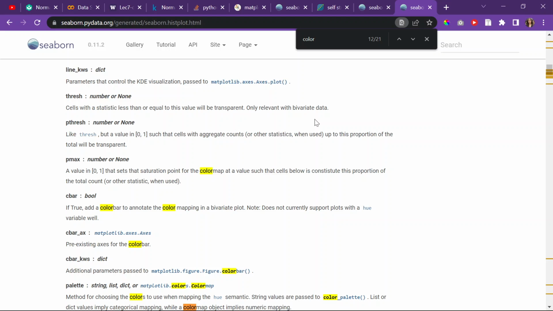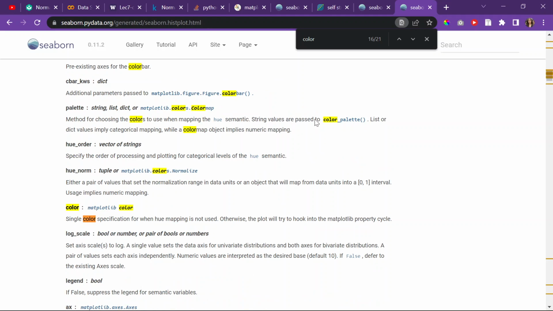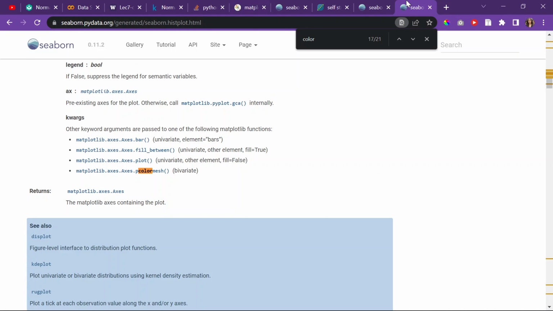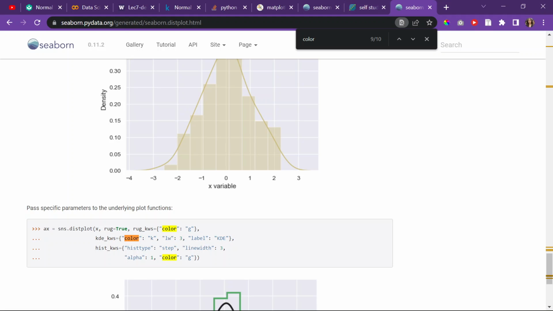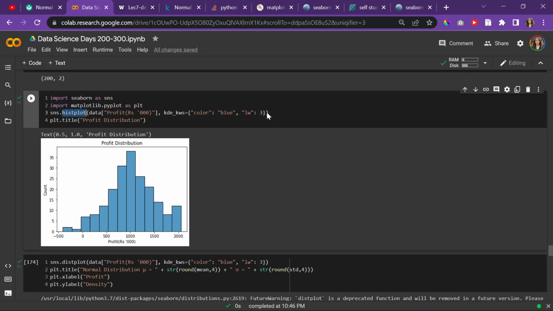Color palette, color. No, this is not what I want. What if, why does this have to do this? Do I have to do that label KDE here? I don't think so. I don't think that's going to do anything.